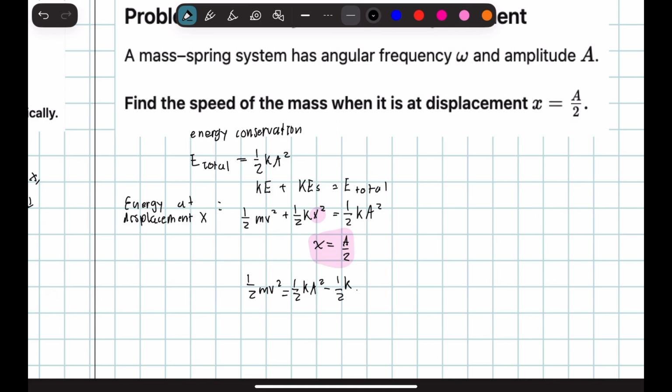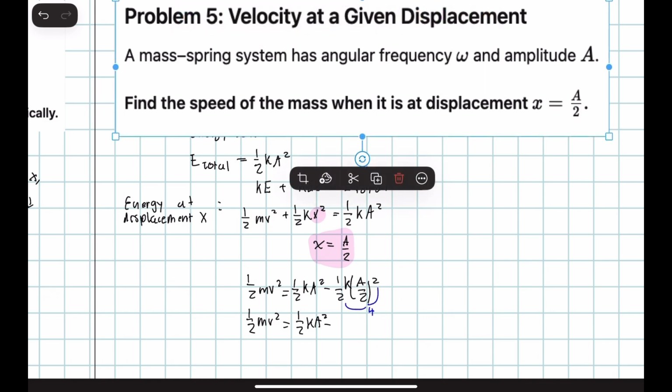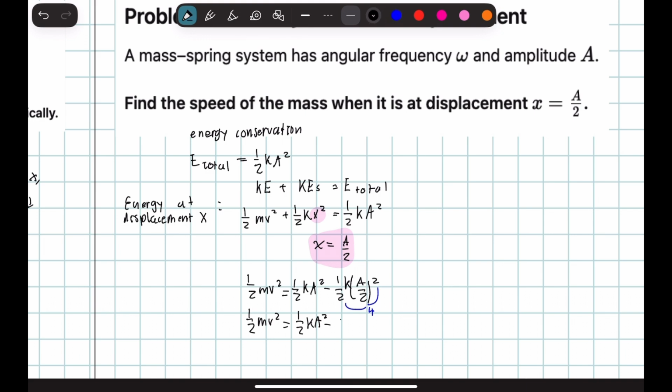So we have 1/2 k times a over 2 squared, and simplifying this again, we have 1/2 mv squared. We have 1/2 ka squared minus, okay, so 2 squared is going to equal 4. 4 times 2 is going to equal 8. So you're going to have minus 1 over 8 ka squared.